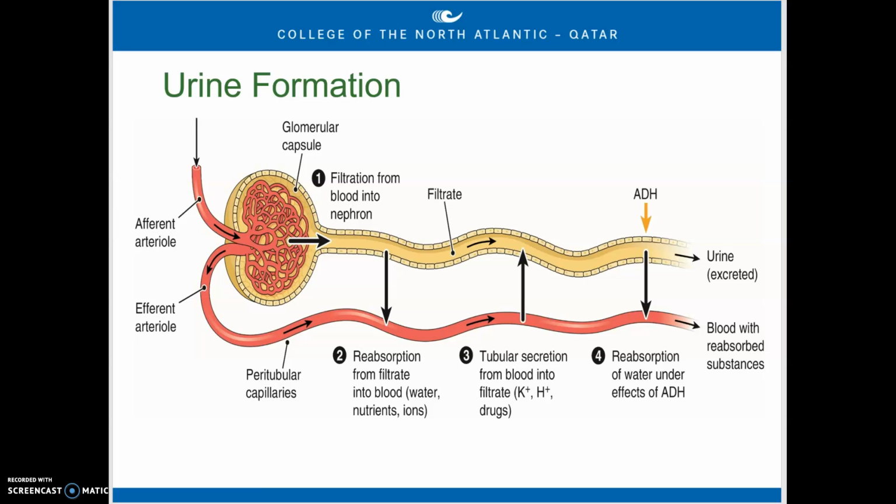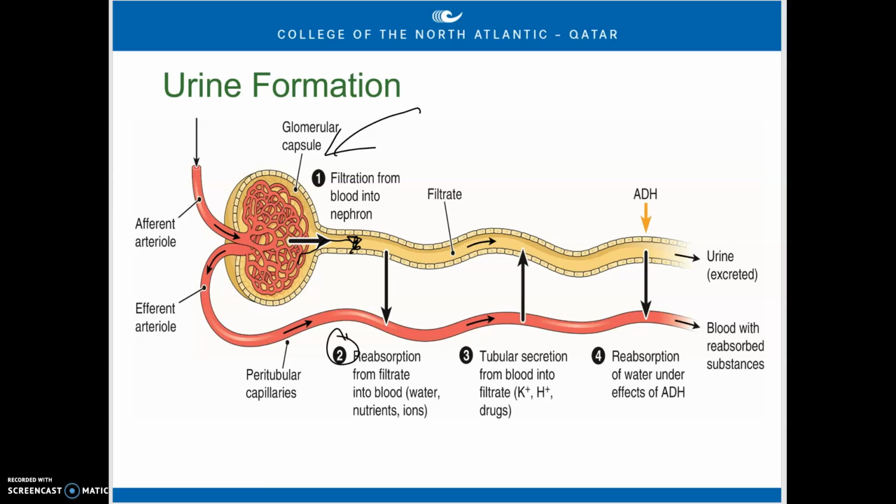So this isn't exactly a perfect drawing of a nephron, obviously, because it's stretched out. But this will go through the 4 different steps that we talked about. So we just talked about the first one, glomerular filtration. The second one is going to be reabsorption from the filtrate. So remember, everything filtered from the blood starts to travel through the nephron.